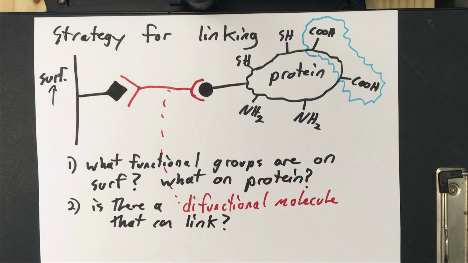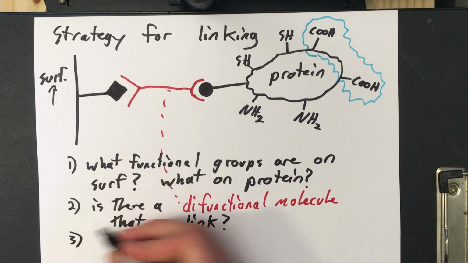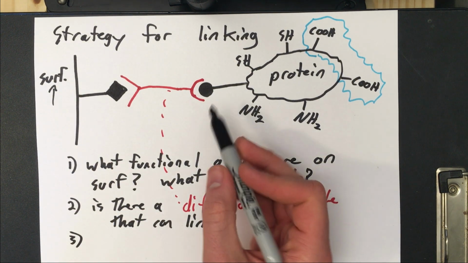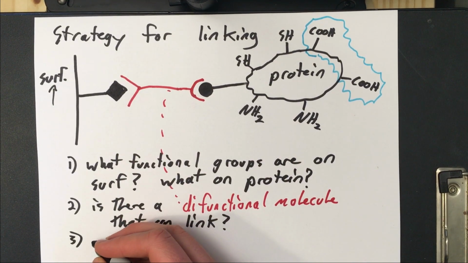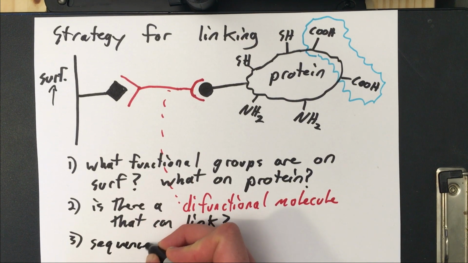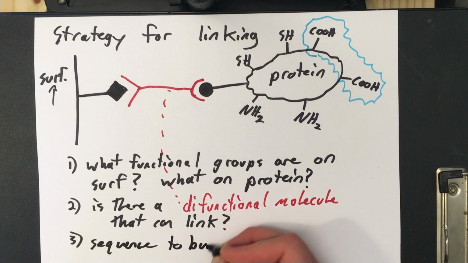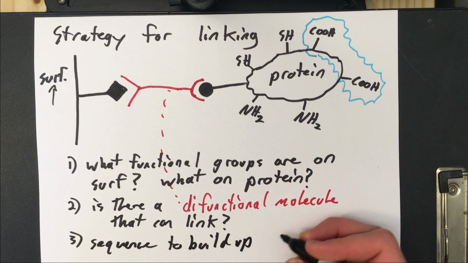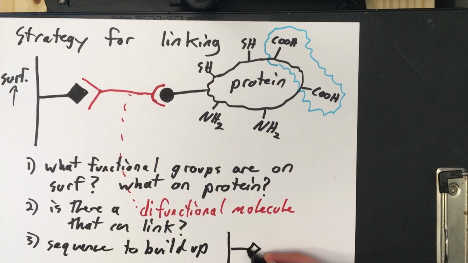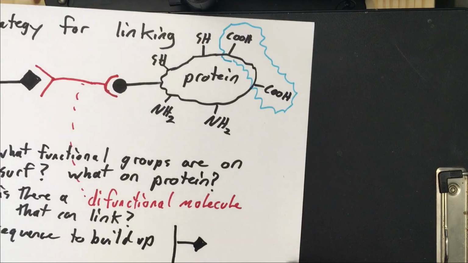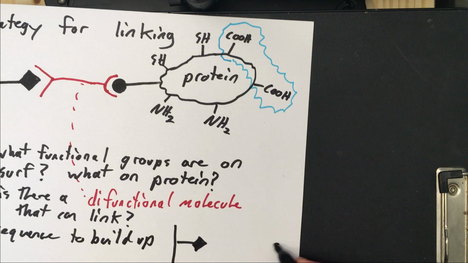And sometimes, if a single difunctional molecule doesn't necessarily exist to bridge this gap, maybe we can create a sequence to build up, right? So let's say I have a surface here with my diamond-shaped functional group, and I have my protein here with my circle functional group.